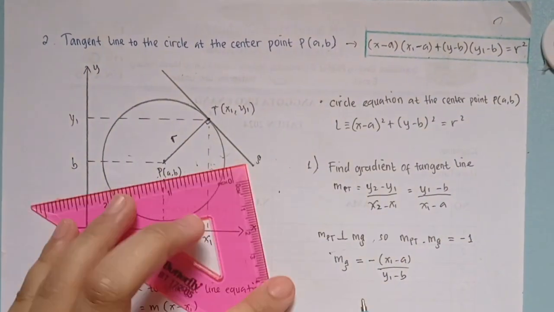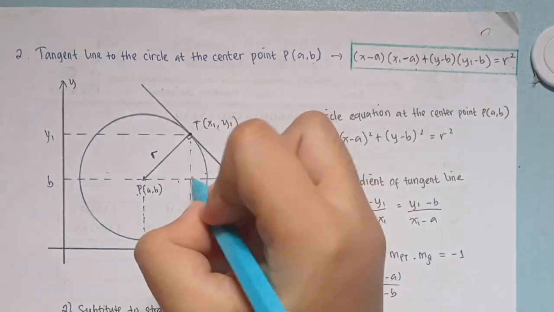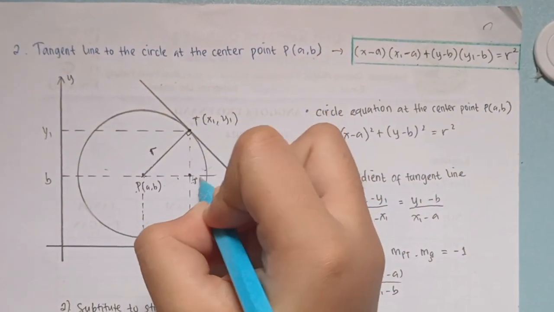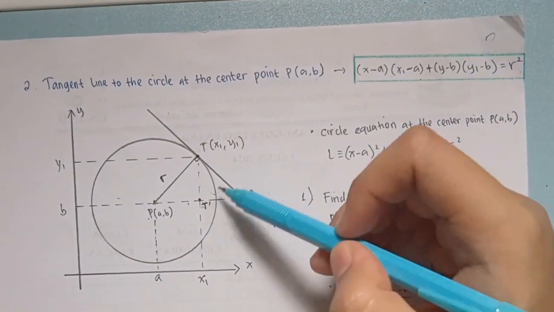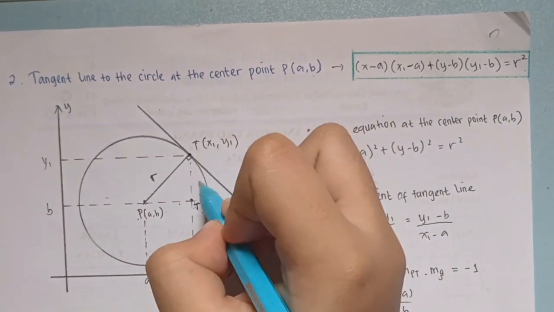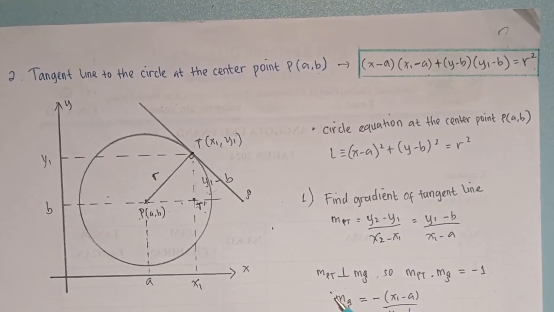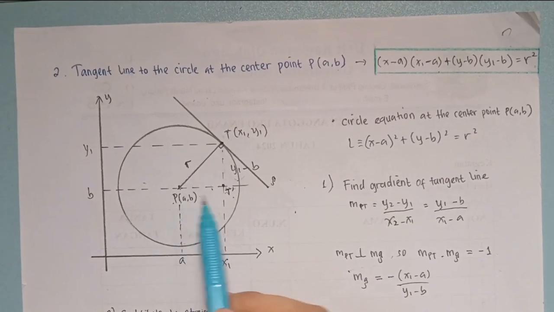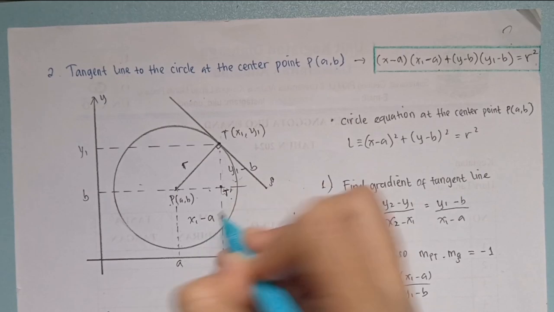And we can use the triangle. We know the distance from T to the foot of the perpendicular is y1 minus b, and the distance from P to that point is x1 minus a.